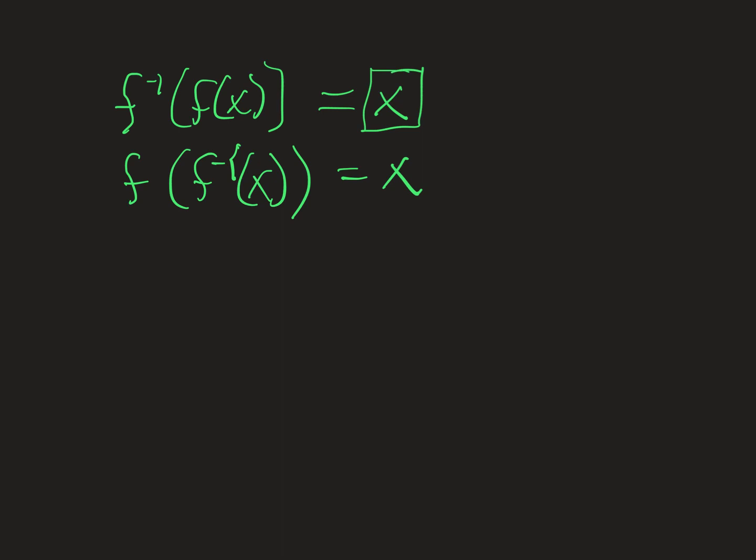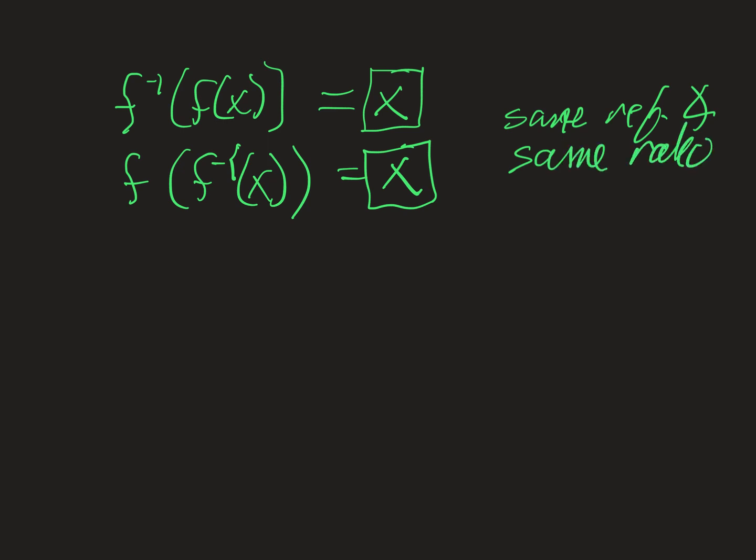But the way this works with inverse trig is it doesn't take us back to the starting point all the time, but it does take us back to the same reference angle, or to the same ratio, depending on how we've written it.